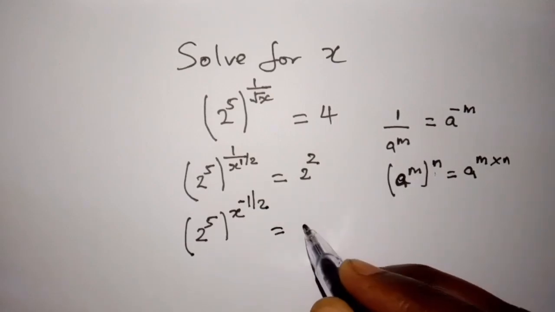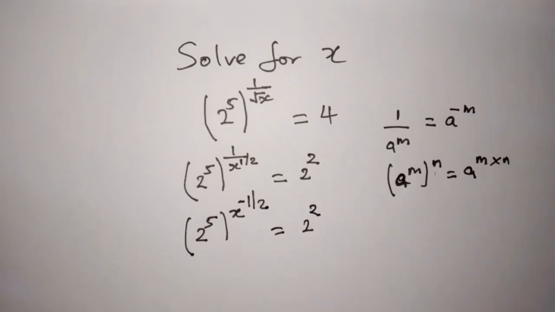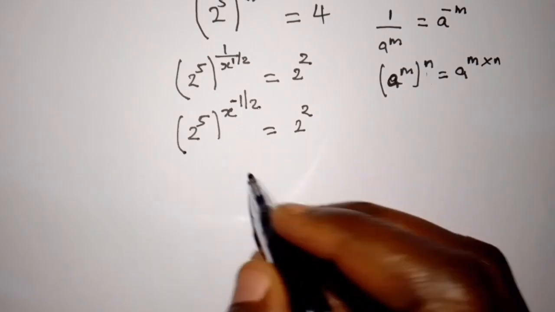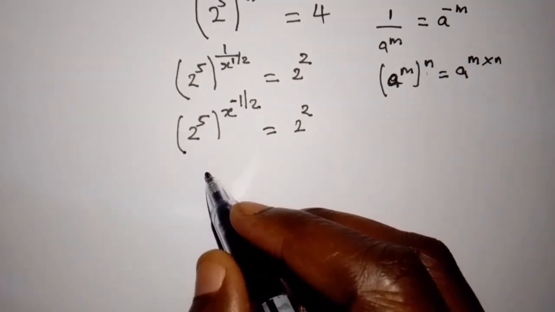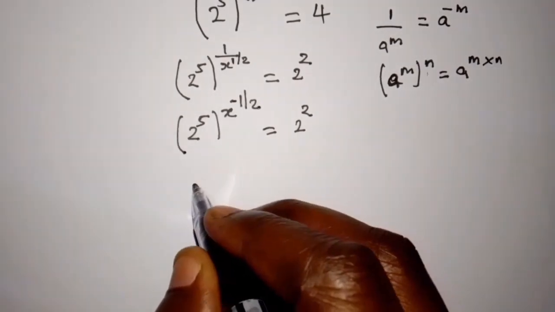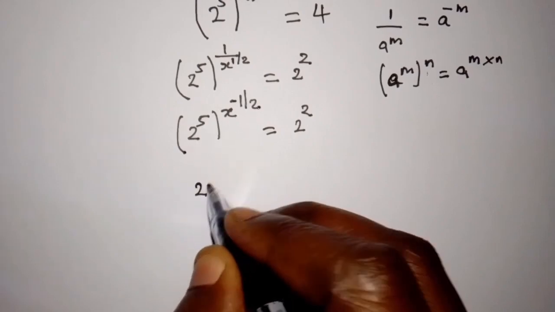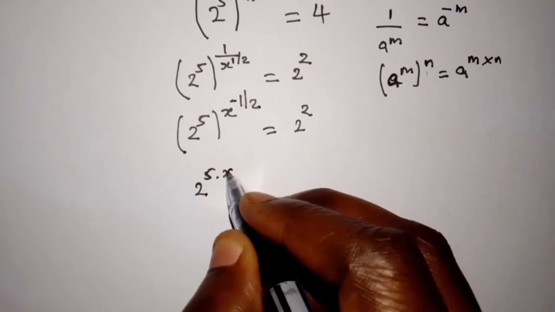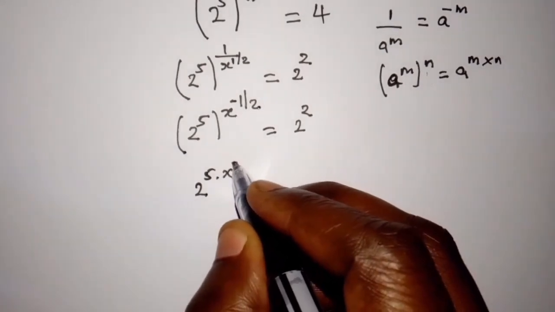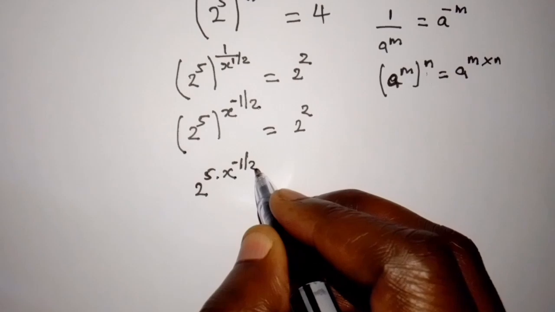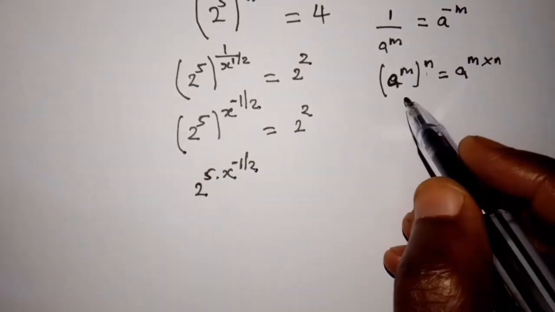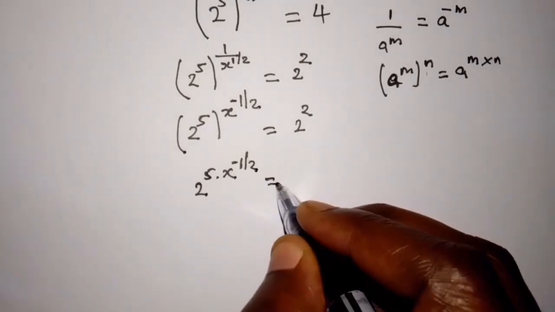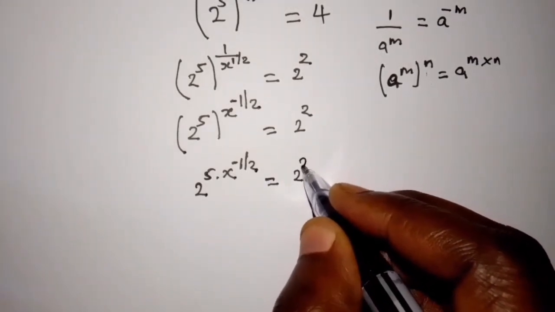This is equal to 2 power 2. Now we can express this as 2 power 5 times x power negative 1 over 2 according to this exponent rule here. This is equal to 2 power 2.